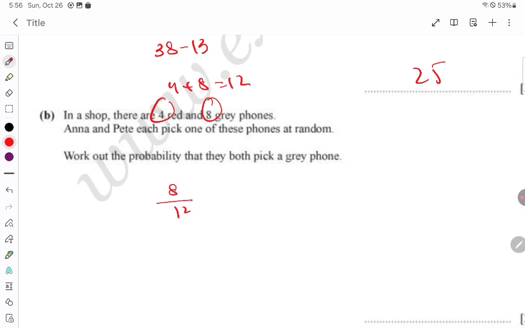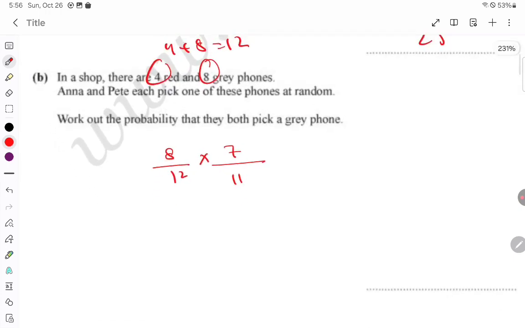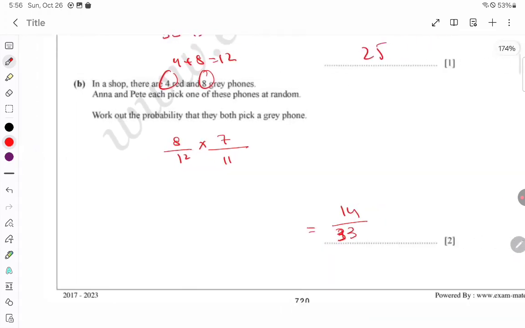Now for the second condition, 1 grey phone is already selected, so the remaining grey phones are 7, and the rest is 12 minus 1, which is 11. So the answer is 14 over 33, this is the answer of part B.